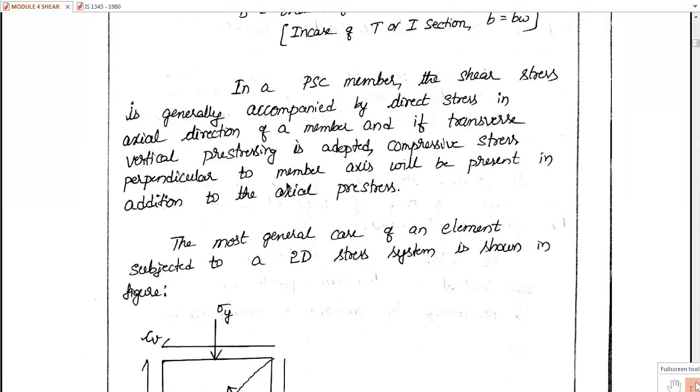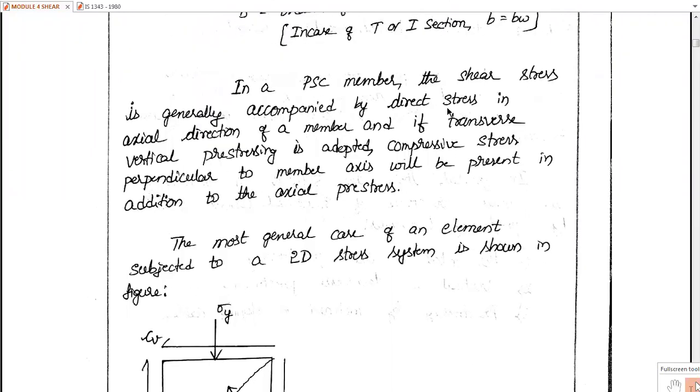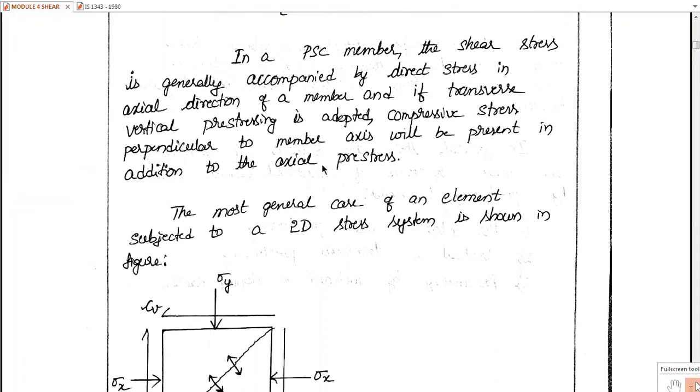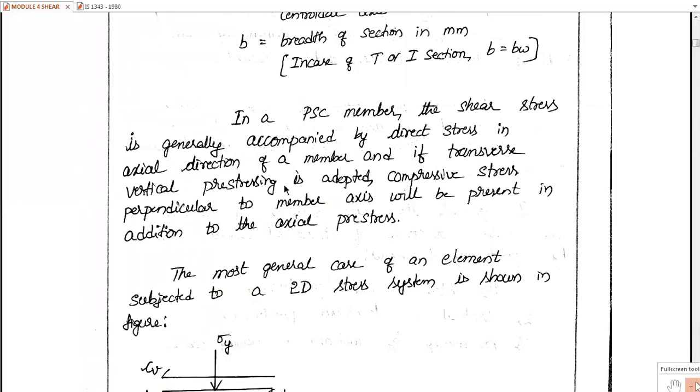Now, we have all studied about the principal stresses. Now we have a brief introduction about that. In a PSC member, the shear stress is generally accompanied by direct stress in the axial direction. Sigma x indicates the direct stress in the axial direction of the member.